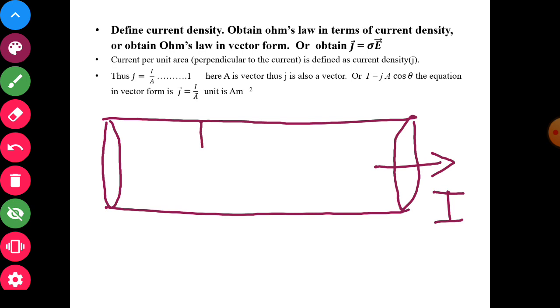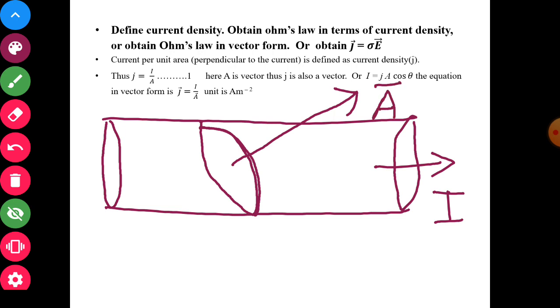Now if the cross section is taken slanted, then as you know, the area vector is always perpendicular to the plane, so this will be the area vector. And this is the direction of electric current, that is I. The angle between them is say theta.